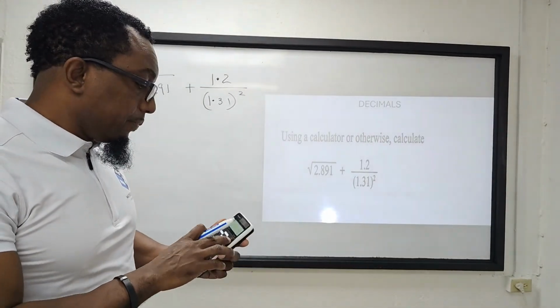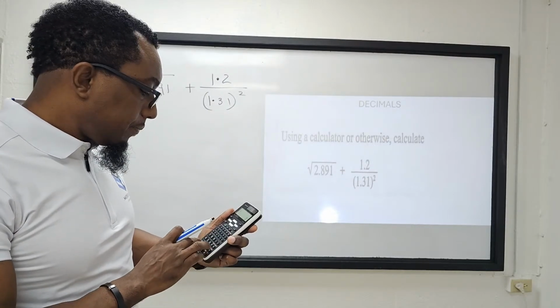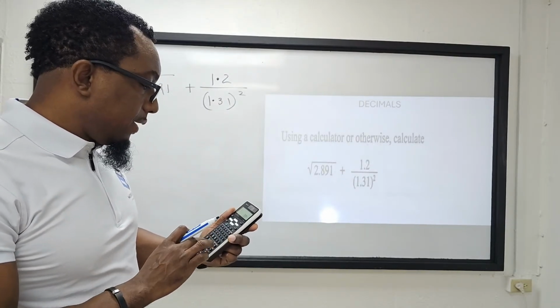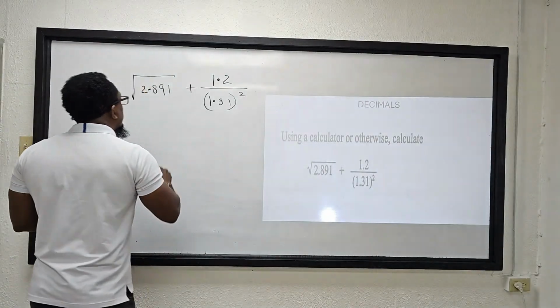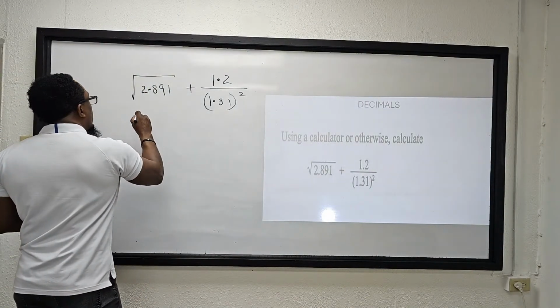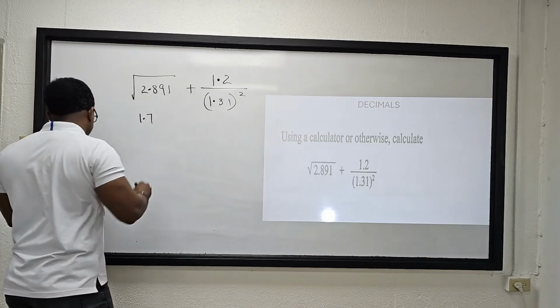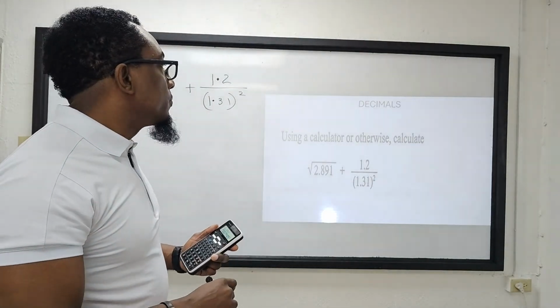So I go to my calculator, square root of 2.891, which will give us 1.70029.